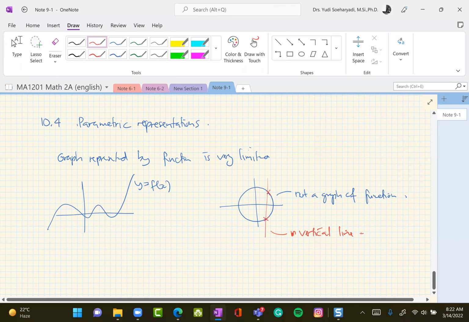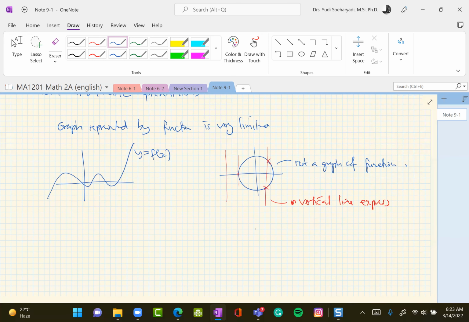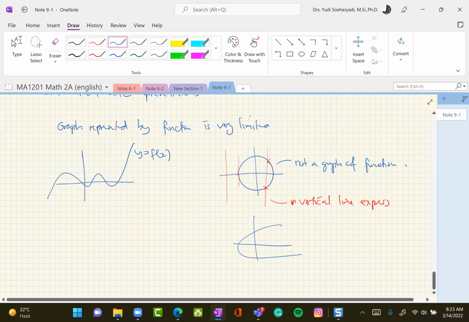If you recall from first semester, if a graph is cut by vertical lines, then at most you have one intersection. If you cut it here, you don't have any intersections. If you cut it here, you have two. Cut here, you get one. So this is not a function. Some simple things cannot be functions. Other things, this simple thing is not a function.